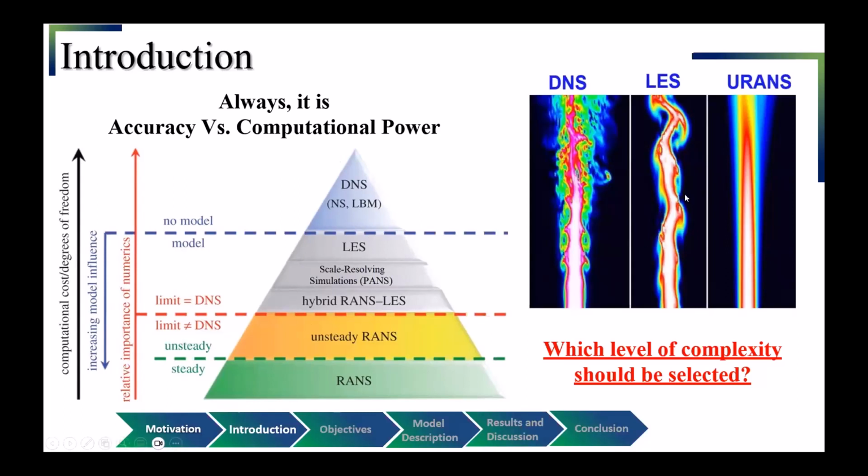So to distinguish between URANS, LES, and DNS, URANS focuses on mean features of turbulence that average everything. LES presents large and medium coherent turbulence scales. DNS results in the whole scale of turbulence. So it's always a compromise between accuracy and computational power. And the question here is which level of complexity should be selected for our problem.